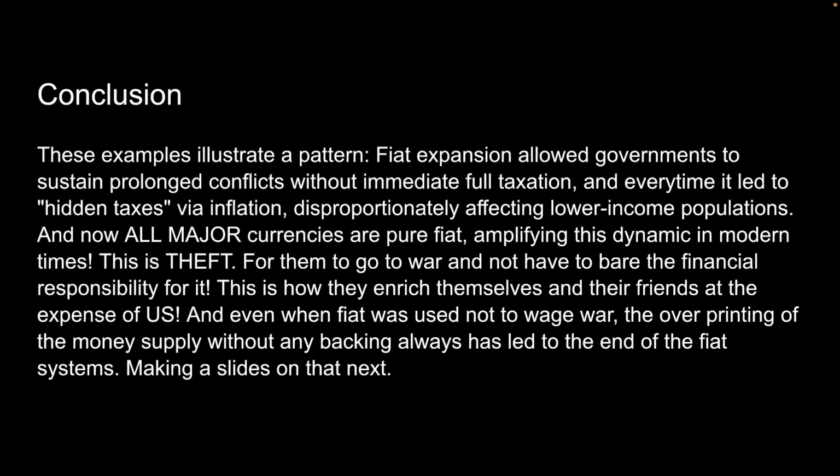This is theft. For them to go to war and not have to bear the financial responsibility for it. This is how they enrich themselves and their friends at the expense of us. And even when fiat was used not to wage wars, the overprinting of the money supply without any backing always led to the end of the fiat system.